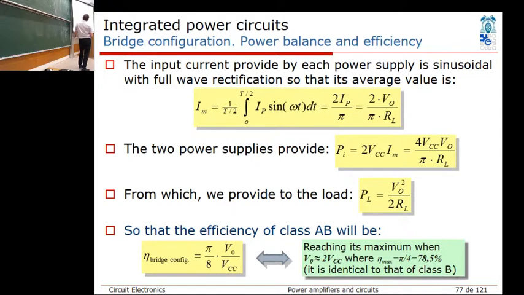The two power supplies provide then 4 times VCC times V0 divided by pi divided by RL, and then the load has V0 squared divided by 2RL. That actually reminds me of the same as the AB class amplifier efficiency.